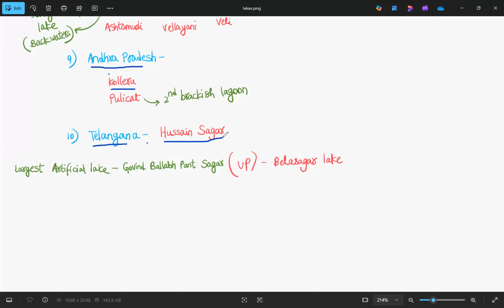So because of that, a reservoir has been formed, and it was named Govind Vallabh Pant Sagar. So this is located in UP, and also in UP we have another lake called Belasagar Lake. So what are the two lakes in UP? The first one is Govind Vallabh Pant Sagar Lake, and then we have Belasagar Lake. These are the lakes in UP.